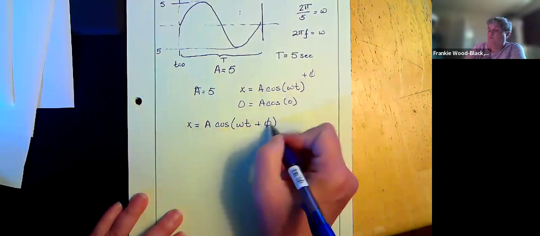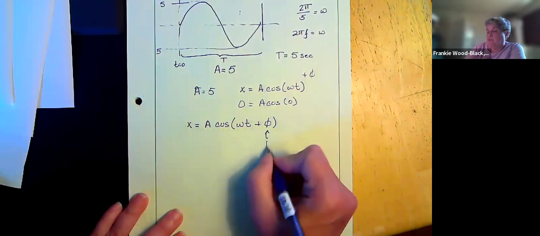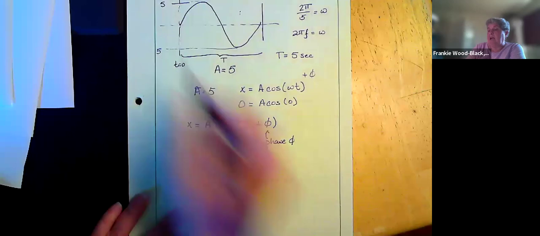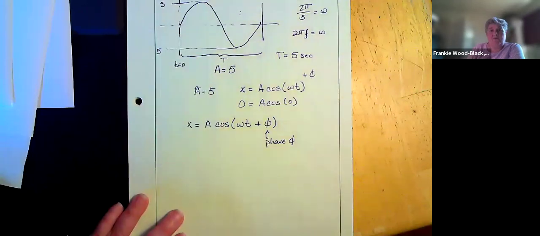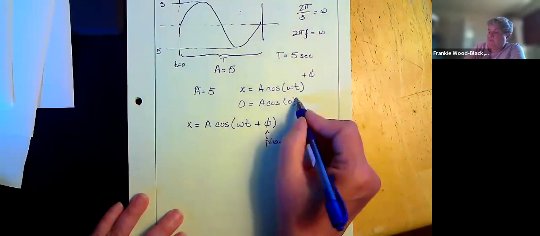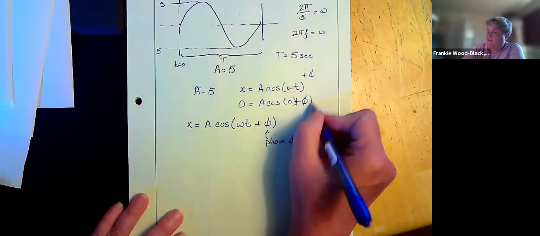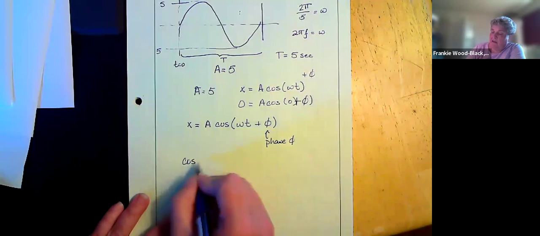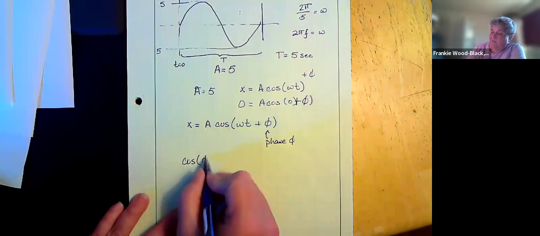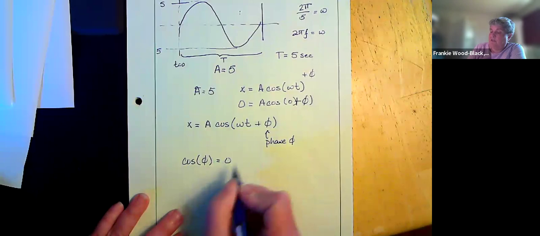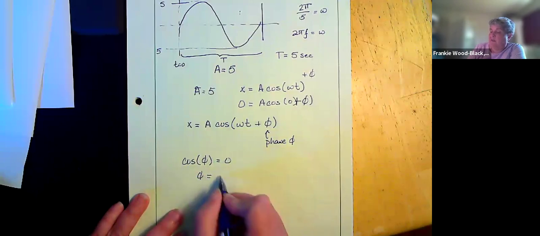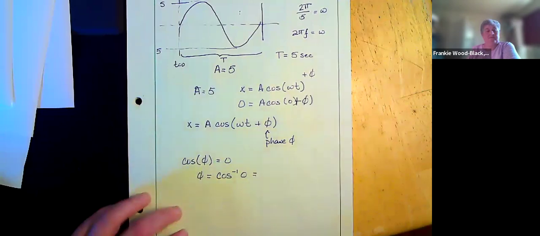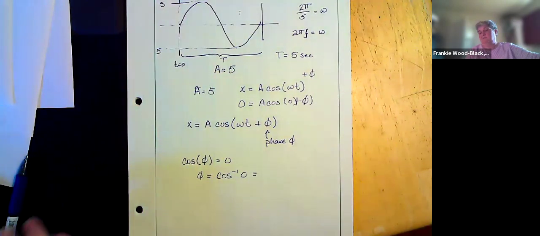And I can go in and figure out what this phase angle is, because I know that at 0, this plus my phase angle has to be 0. So cosine of some value has to equal 0. So my phi is going to be the arc cosine of 0.